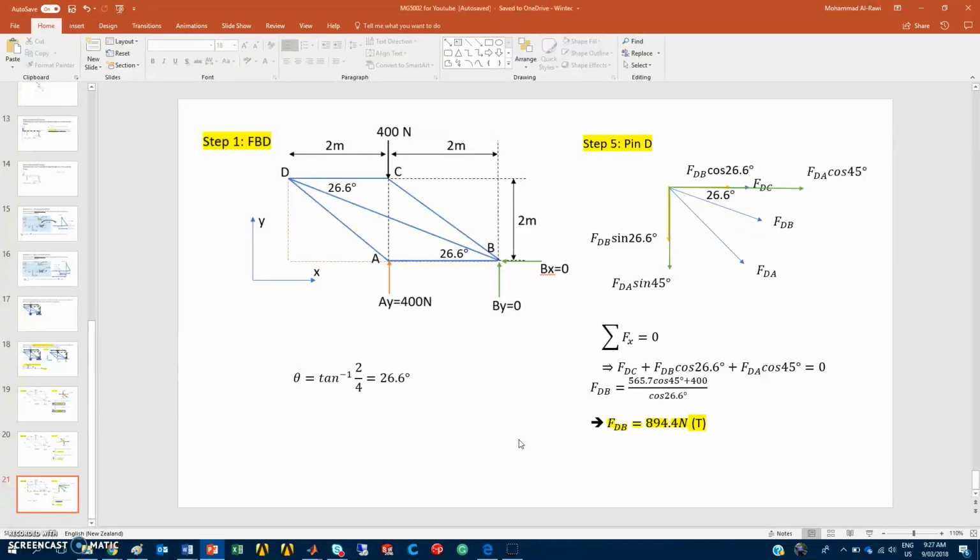These kinds of questions could change in different scenarios, but I'm showing you here some support reactions in this example. They are equal to 0, because of the location of the 400. But if we move the 400 newtons from pin C to pin D, definitely the answer will be completely different.